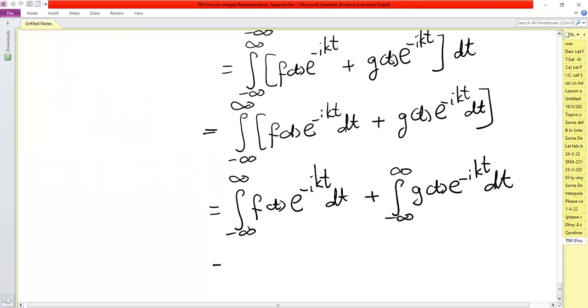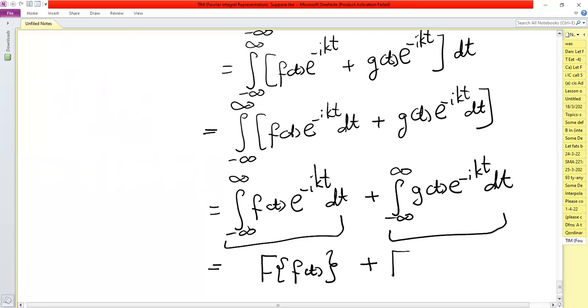And you see this one here is the definition of the Fourier transform of f of t, while this one here is the definition of the Fourier transform of g of t. And so we end our proof.